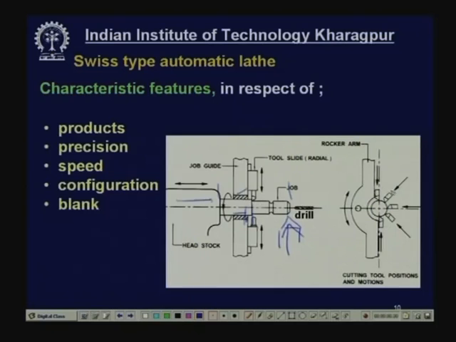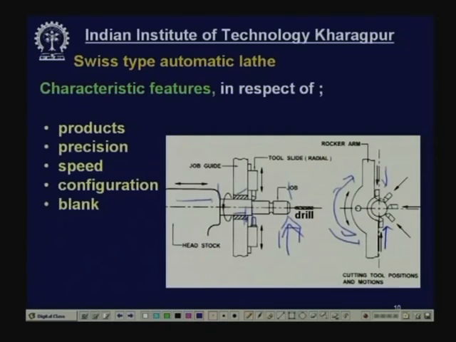And there will be 5 radial cutting tools shown over here, one say front slide, rear slide, vertical slide and 2 inclined, and these tool slides will be mounted on a rocker arm, and this rocker arm will be oscillating. When this will move in this direction, this cutting tool will be engaged. When this will rotate in this direction, this tool will be engaged into work. So, this is the basic configuration of Swiss type automatic.